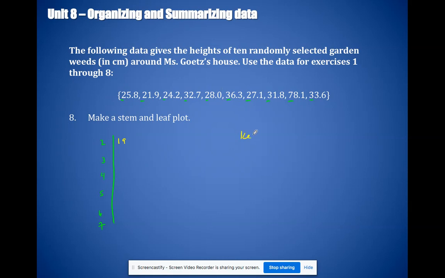Now I should make a key to say that on the left side, those are in the tens places. Or even just do this, 219 is equal to 21.9. That's also fine, just tell me what an entry in the first row means. And then I'll be able to figure it out. I have a lot of things with a 2.